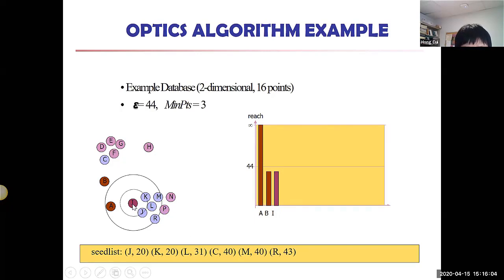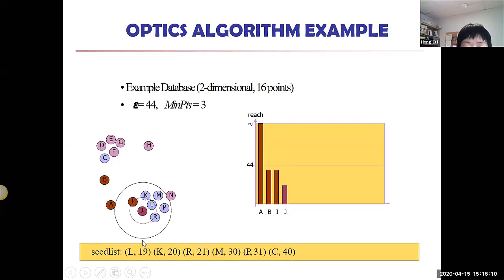When we are processing I. When we start processing J, L becomes 19. So it's closer. The idea is to process any points that are closer to the current point. If you recall the DBSCAN propagation process, we add the nearest points to the current cluster. We are adding the nearest point to the current cluster. Therefore, we want to recalculate the distance.